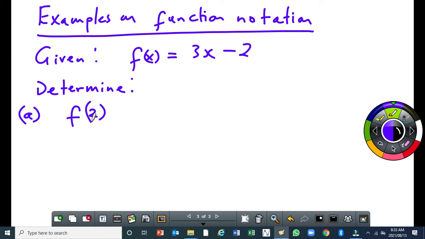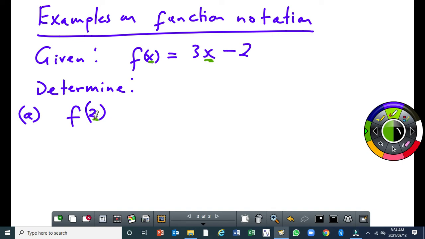This f(2) here means y. You want to find the value of y when x is 2, but based on function notation. So this x, which you see in the original equation, is being replaced by that 2.